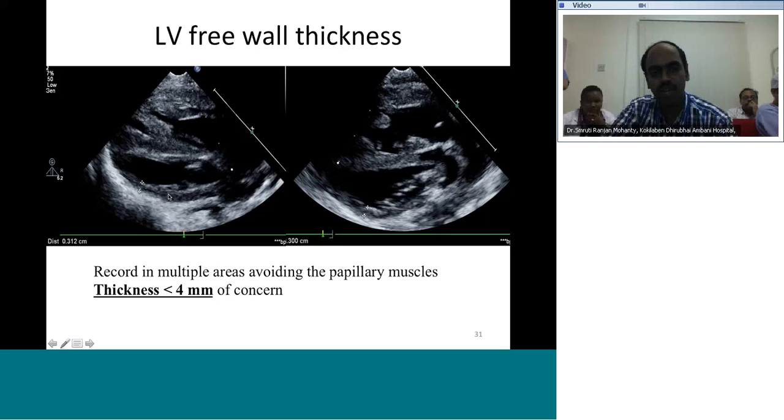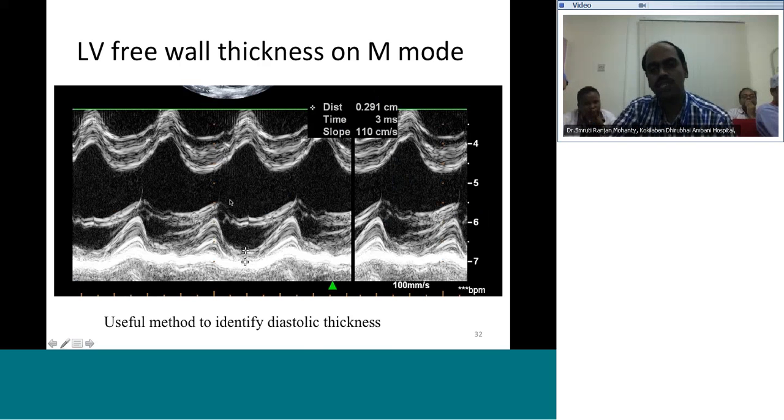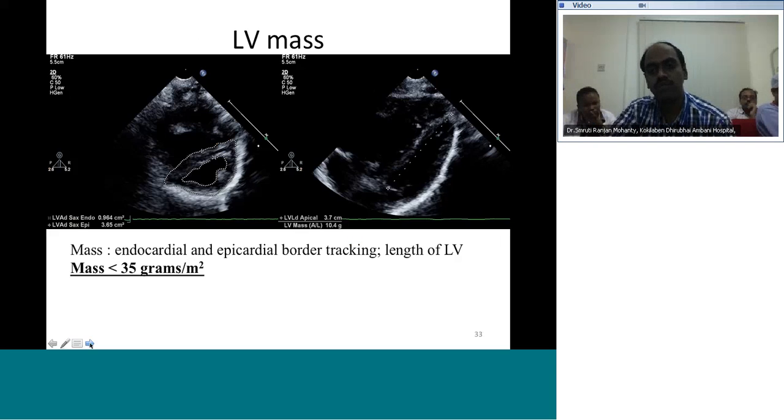So this is the LV free wall thickness. Diastolic free wall thickness, if it is less than 4 mm, is of concern. Free wall thickness is best assessed by M-mode, because now you know which is diastole and which is systole. If you take it in systole, it will be thicker. So you need to take it in diastole.